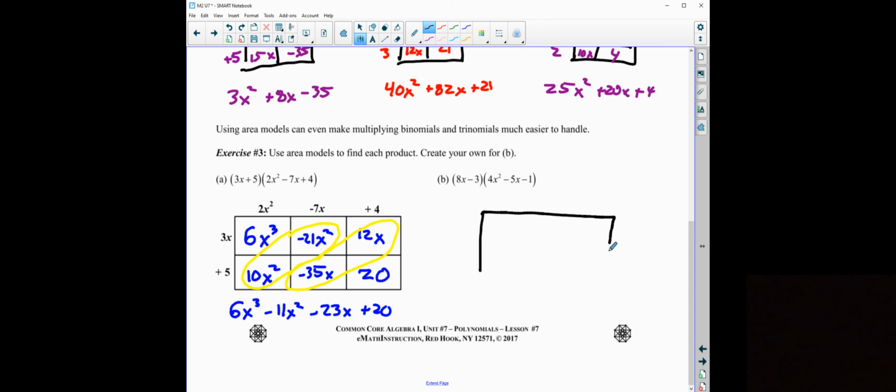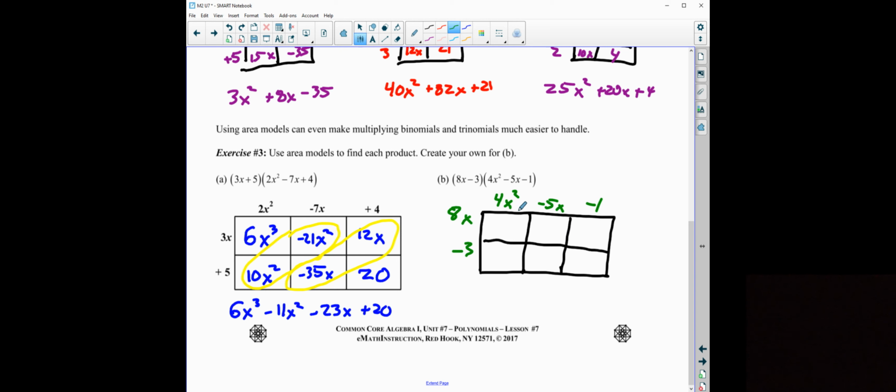Okay, I'm going to go ahead and start this. It has to be a really wide box because it's going to have 3 columns in it. I'm going to put a 4x squared and a minus 5x and a minus 1 and an 8x and a negative 3.